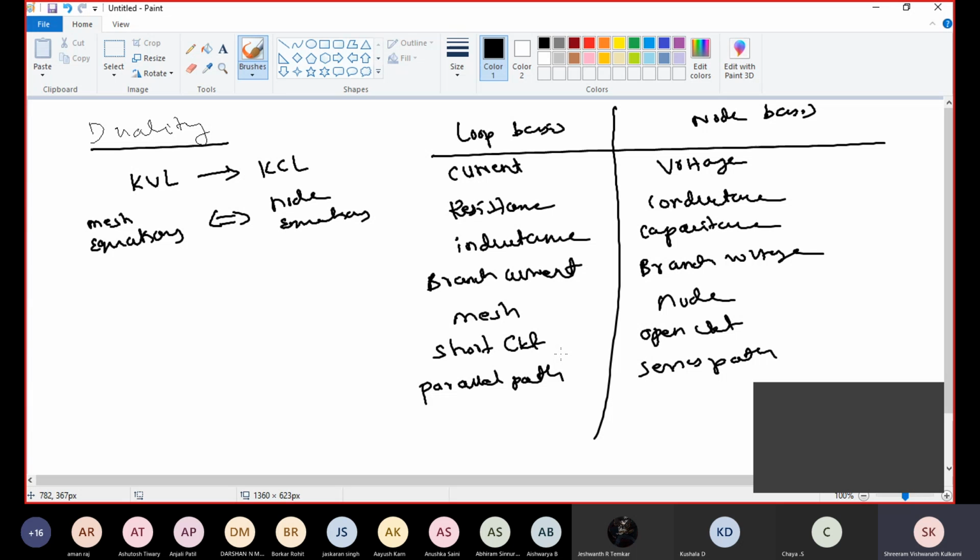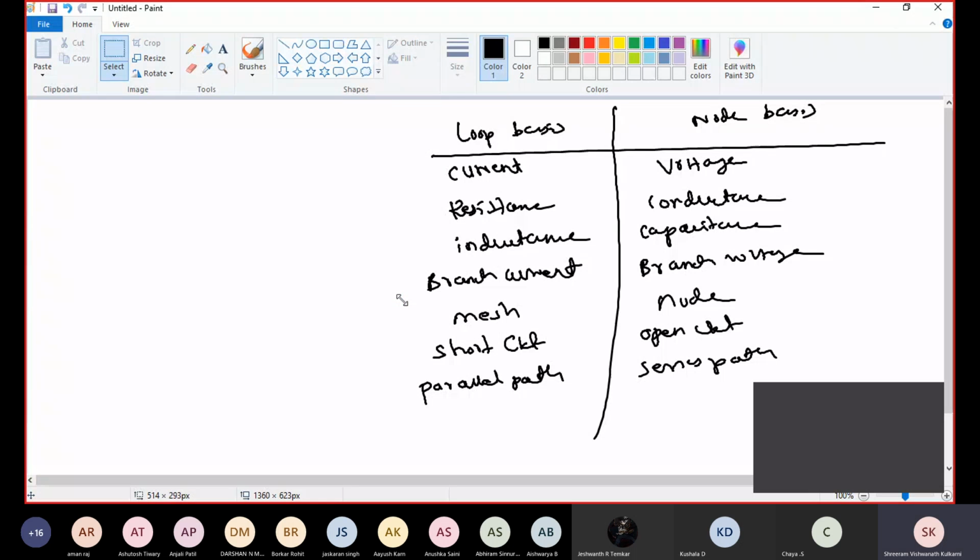Okay. Now, if I am going to consider one network here, this is my network.